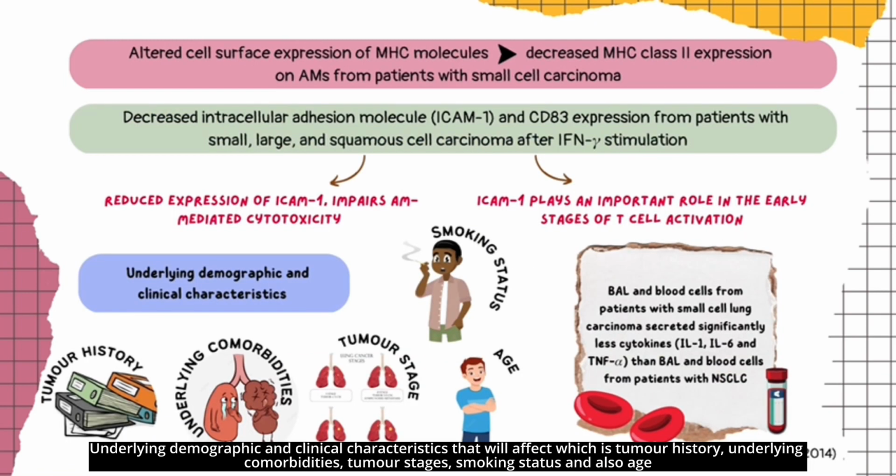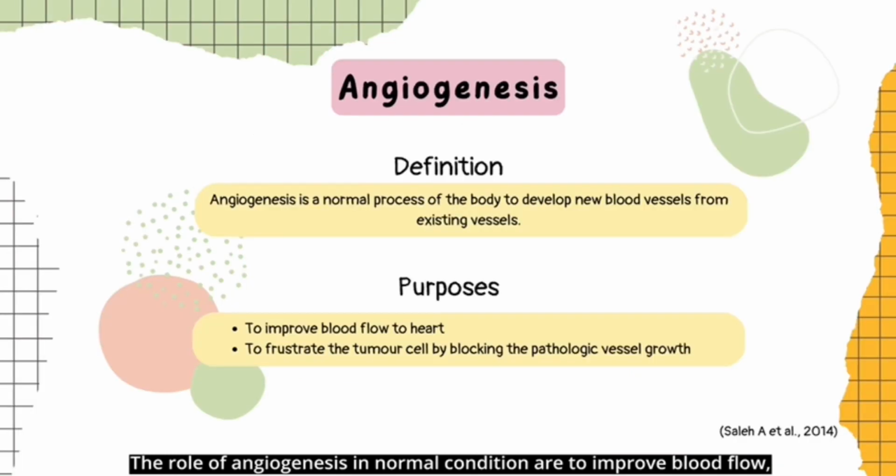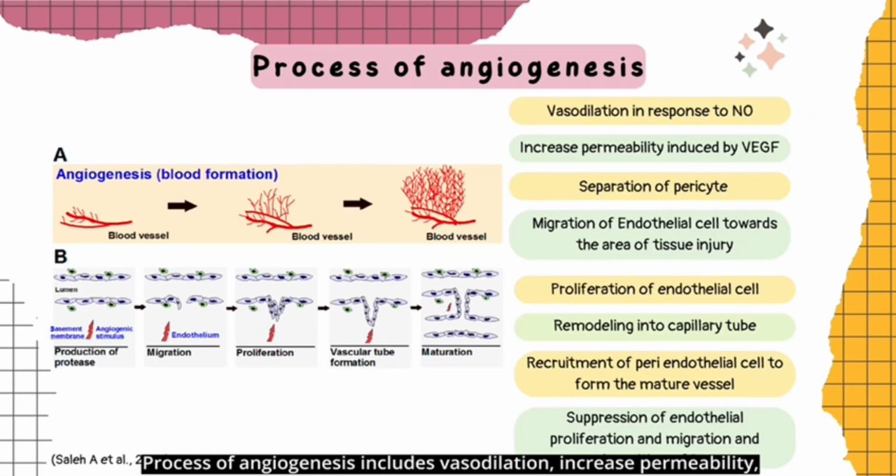There are also underlying demographic and clinical characteristics that will affect this, which are tumor history, underlying comorbidities, tumor stage, smoking status, and also age. The role of angiogenesis in normal conditions is to improve blood flow, suffocate tumor cells by reducing the blood flow, and develop new pathways. The process of angiogenesis includes vasodilation, increased permeability, separation, migration, proliferation, remodeling, recruitment, and suppression.